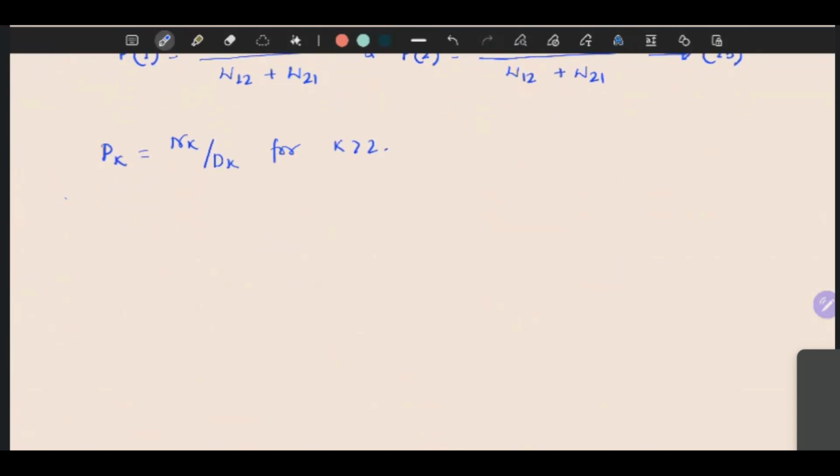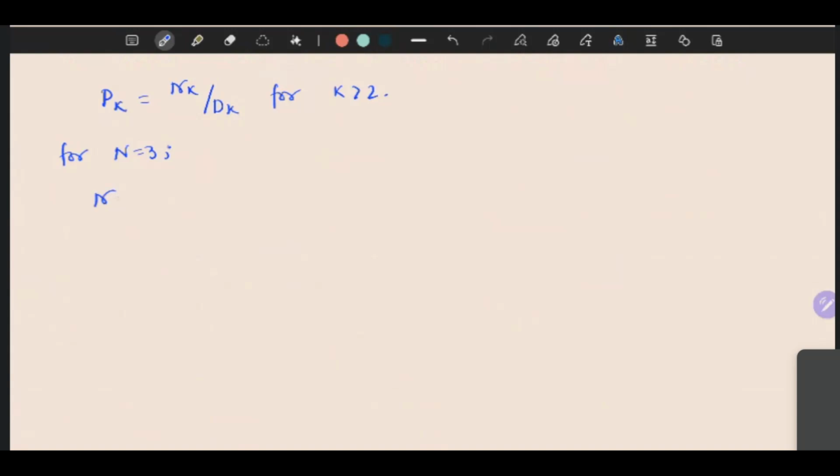So let's say for n equal to 3, you will get, let's say n1 will be W12 W13 plus W13 W32 plus W12 W23. Okay, so basically let's say this is 1, this is 2, this is 3.